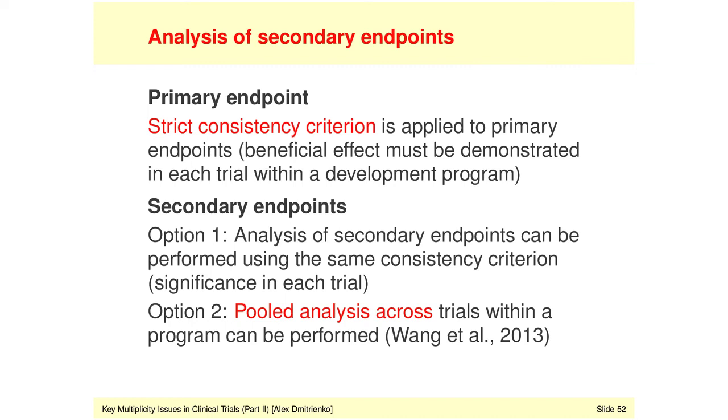A statistically significant difference would have to be demonstrated on each given secondary endpoint within each trial across the development program. An alternative approach relies on a pooled analysis across trials within a program, and this is a topic that was discussed in a recent publication.